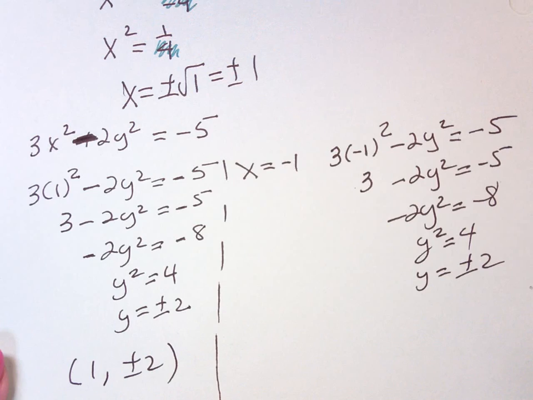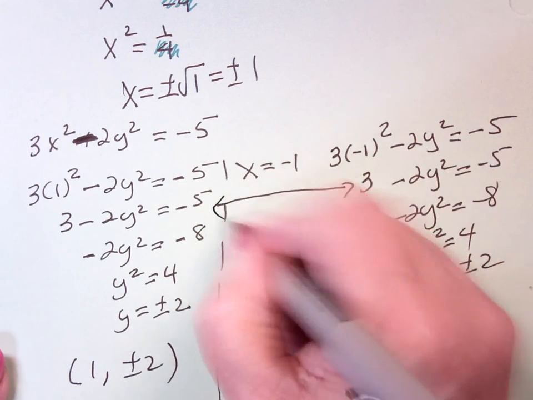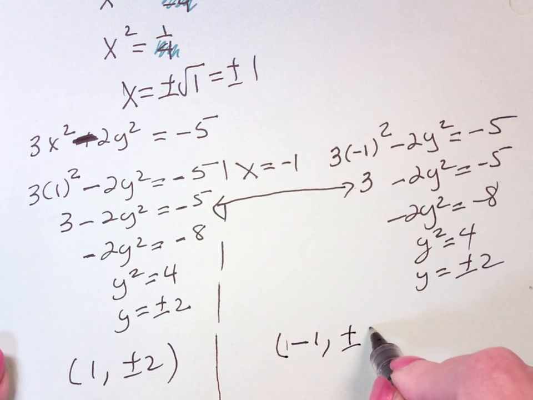Because you're squaring a negative 1, you end up with the same equation as you had for the other guy. The only difference is the x value is negative 1, the y value is plus or minus 2.